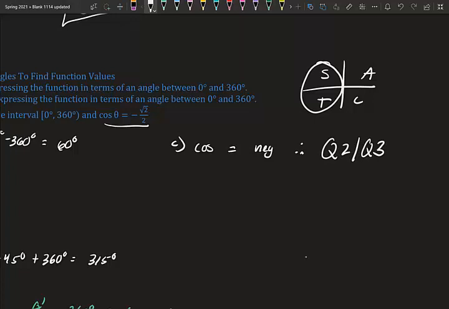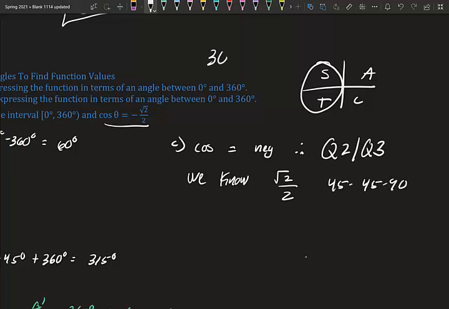Alright, so we're getting somewhere, right? We get our quadrants. Square root of 2 over 2, whether it be positive or negative, it doesn't matter, only comes from a 45, 45, 90 triangle. How do I know that?